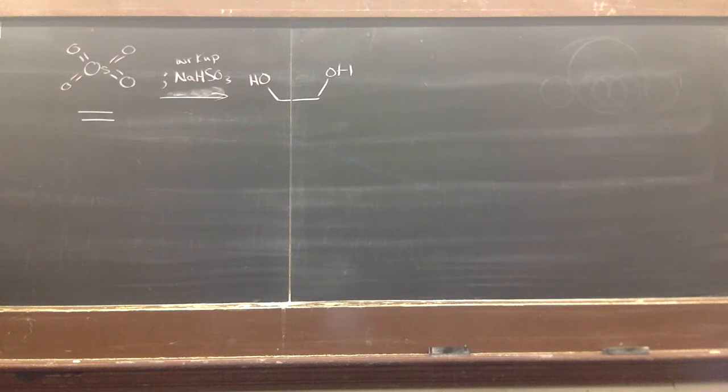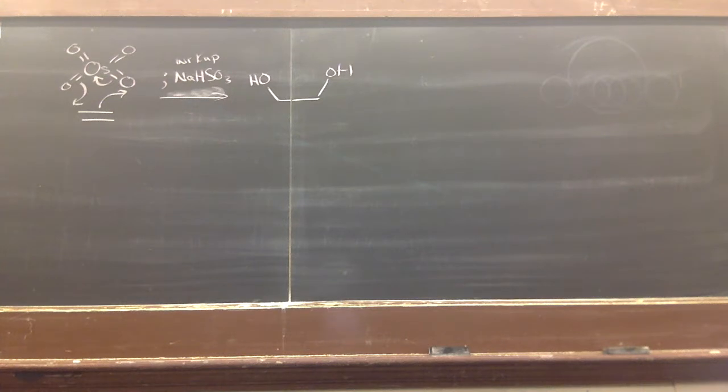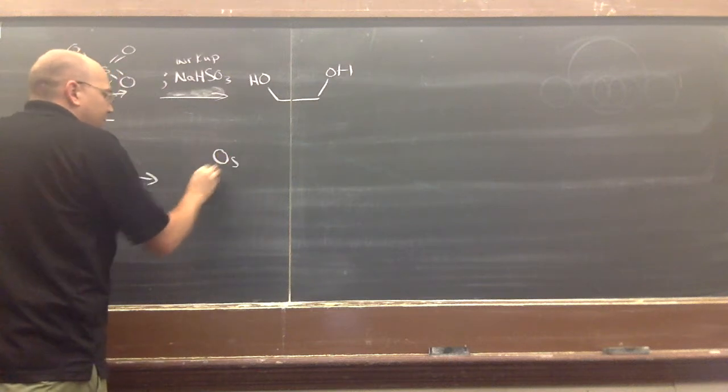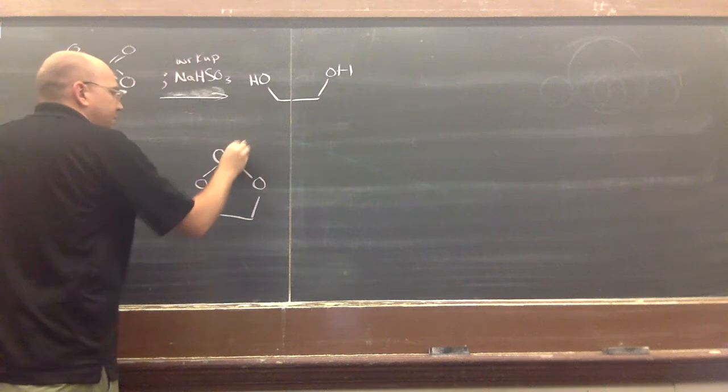If you want to learn more about this, you can certainly take an organometallic course. But the intermediate involves a sort of concerted process, whereby you generate this cyclic osmium species.